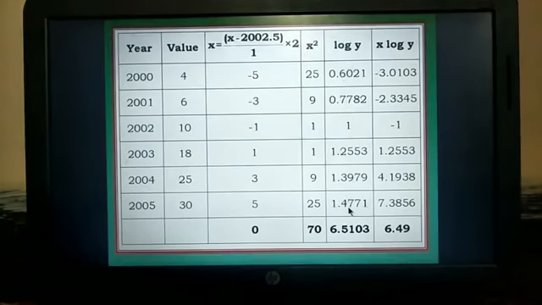You already know how to calculate log. Either you can use log tables or a scientific calculator, because ours is the only subject which allows scientific calculator usage even at the board second PUC examination.